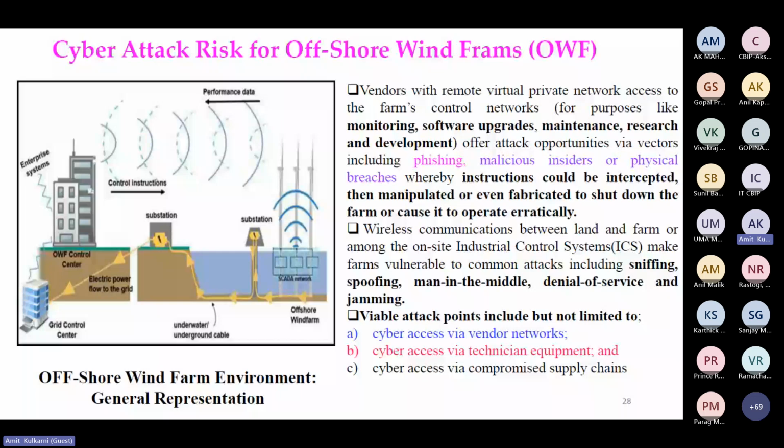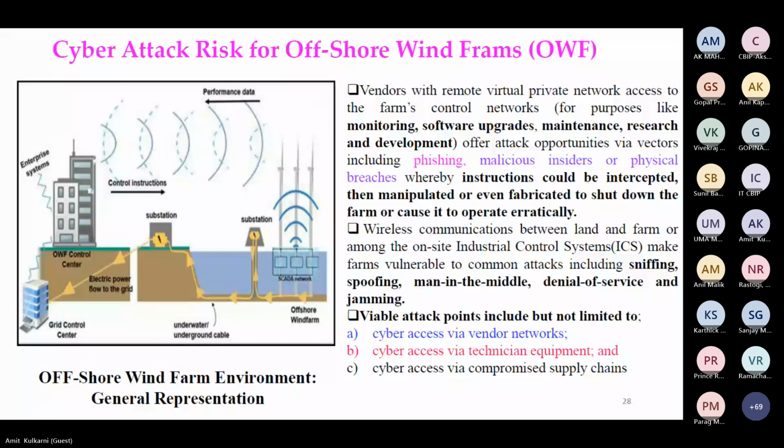So just imagine, if in the case of onshore wind turbines you are facing hurdles in managing things, what could be the impacts for those wind turbines which are at sea. Offshore wind turbines are generally connected through a cable to the nearest substation, then later to their grid control center, and through a communication system to their corporate office, business centers, and local centers.